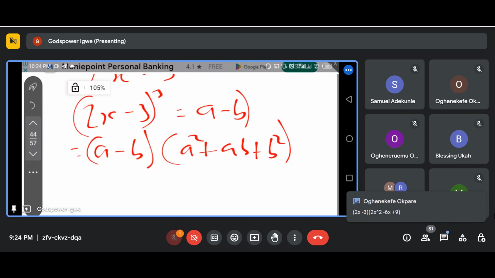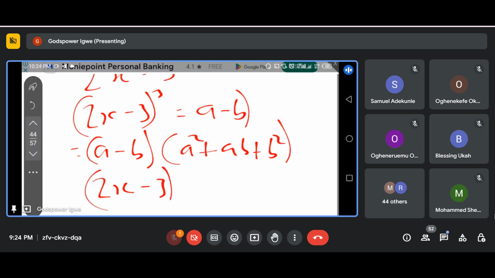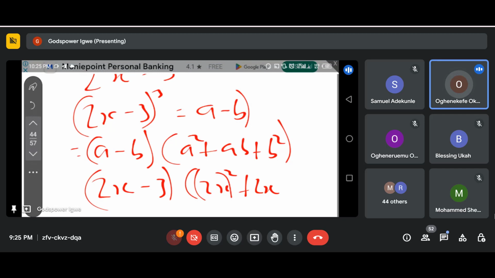So we are plugging a now into this. So this will be 2x minus 3, and then this other part will be 2x squared, then plus 2x times 3, so minus 6x.